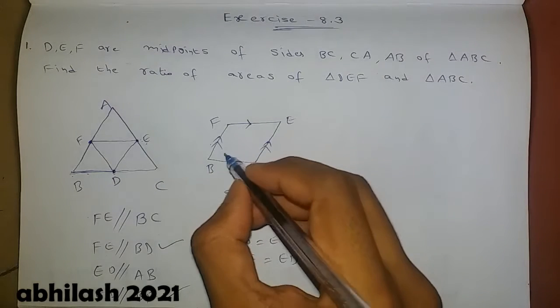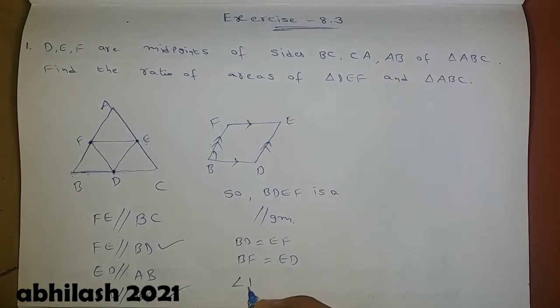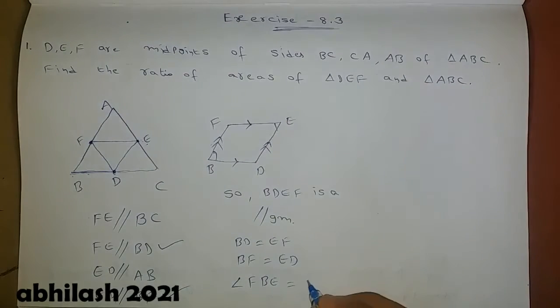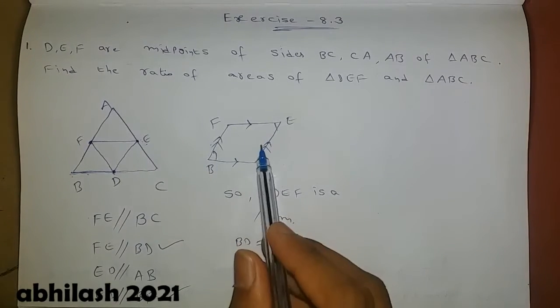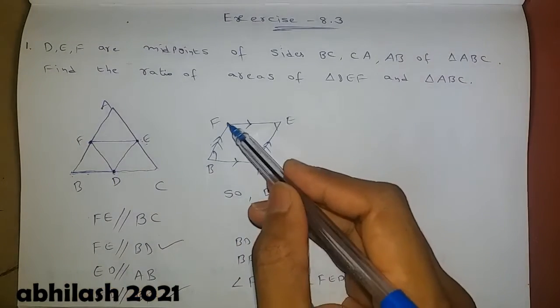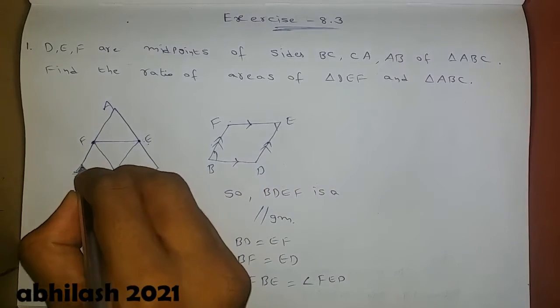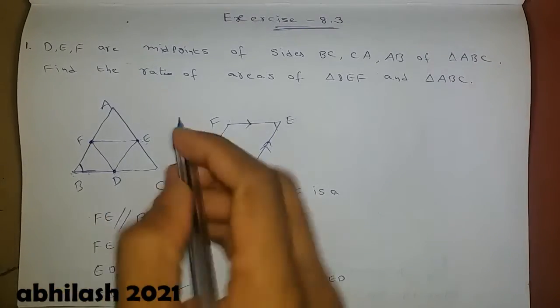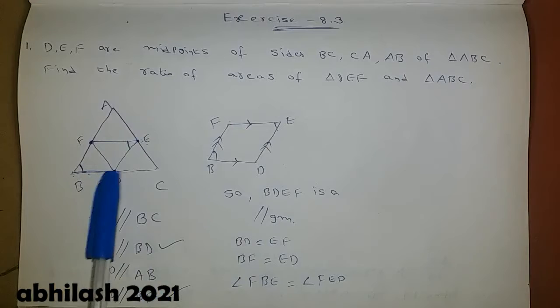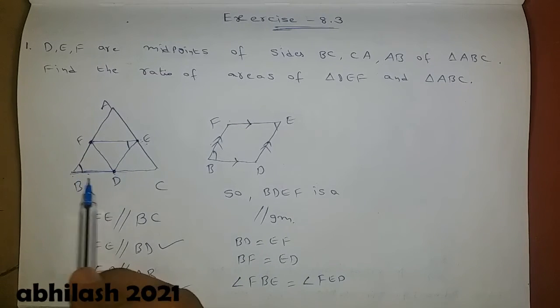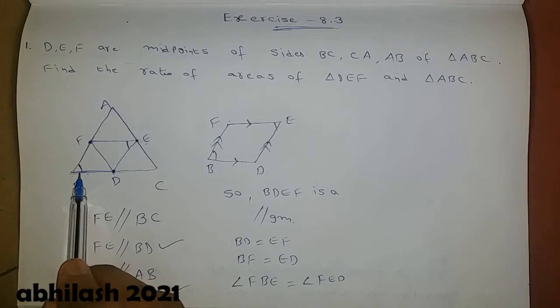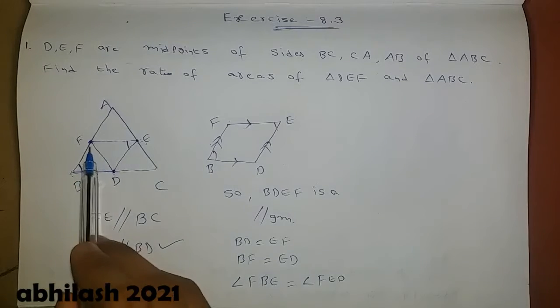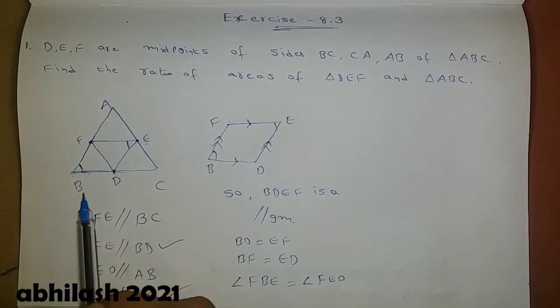So angle FBD is equal to angle FED. If we observe this figure clearly, angle FBD is in the bigger triangle, and angle FED is in the smaller triangle.